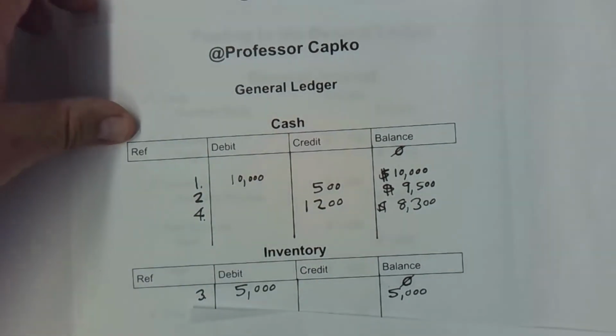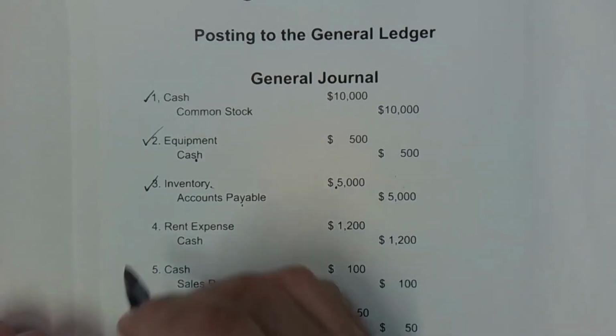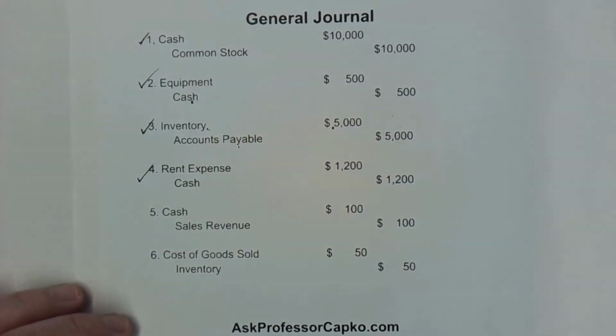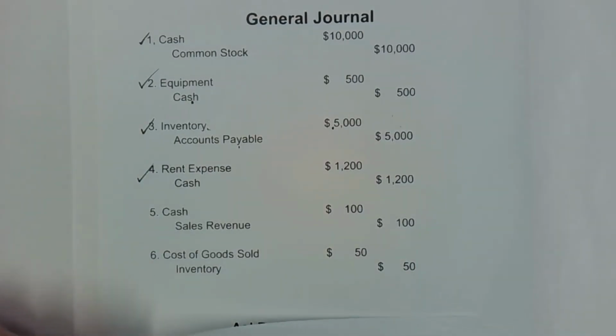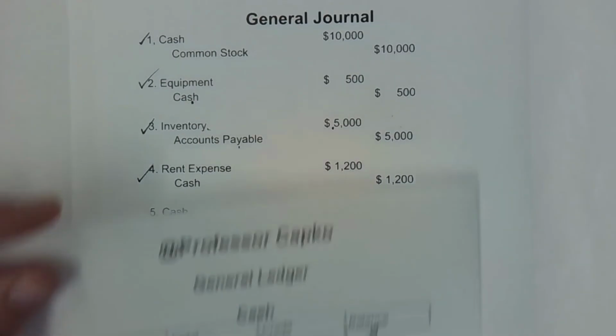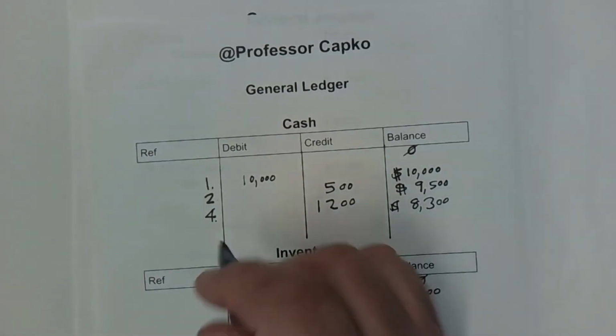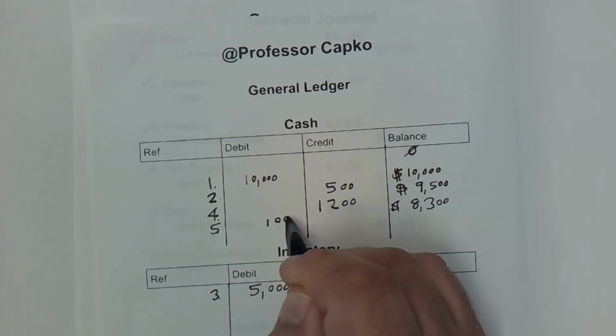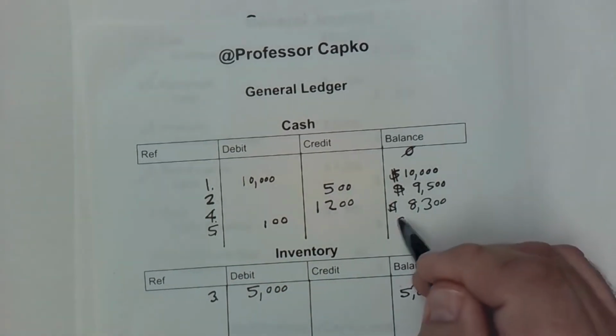The next transaction, after taking care of number 4, is we're going to receive $100 in sales revenue. So I'm going to go back to my cash account, and for reference number 5, we're going to receive cash. So that's a debit of $100, and our balance is going to increase.